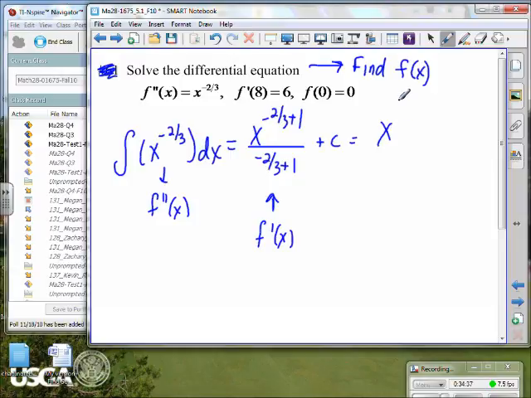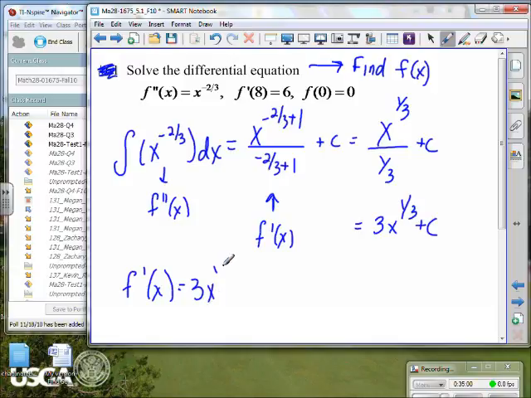Negative 2/3 plus 1 is 1/3, divided by 1/3, plus c. So this is the same thing. Divide by a fraction, you multiply by the reciprocal. Okay, so I know that my first derivative is 3x to the 1/3 power plus c.